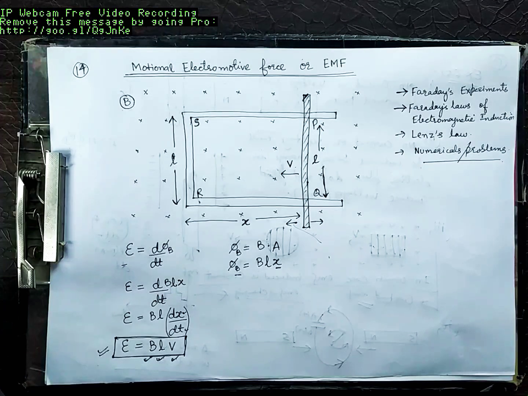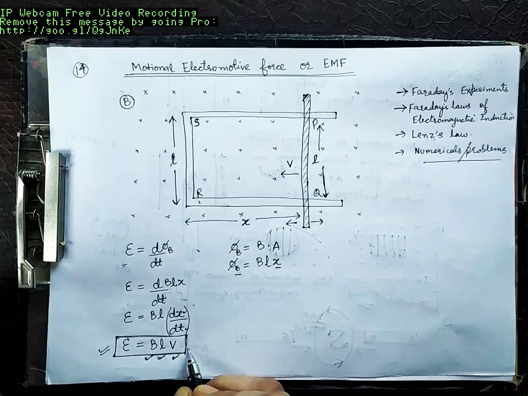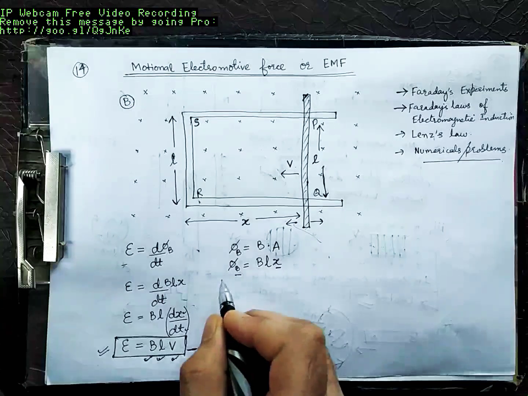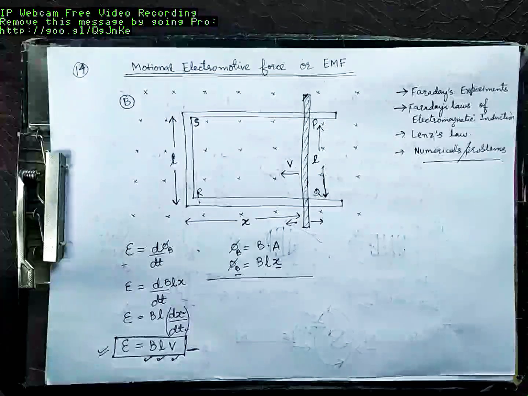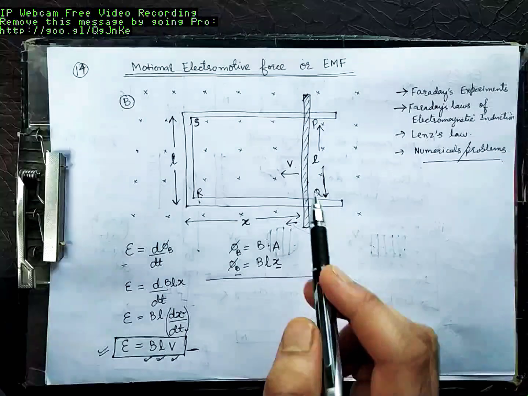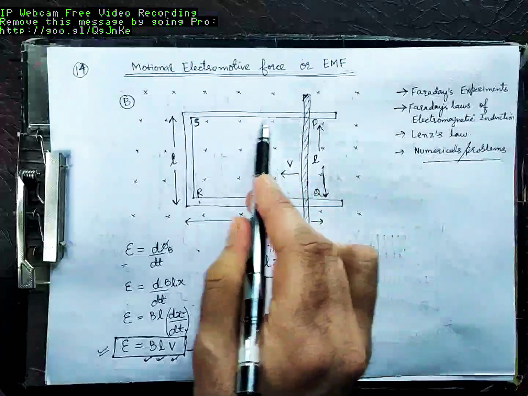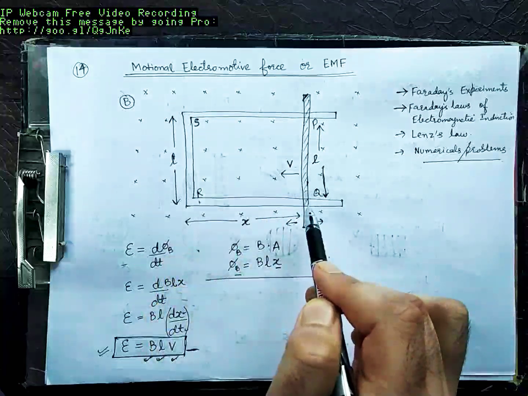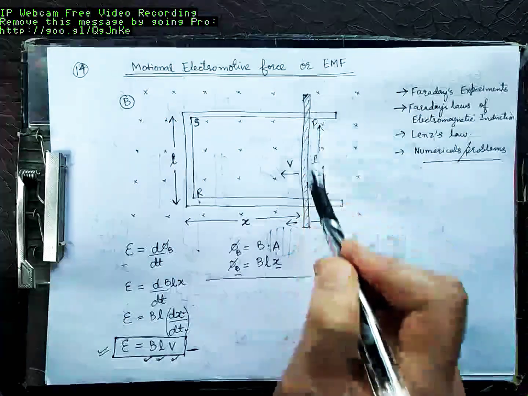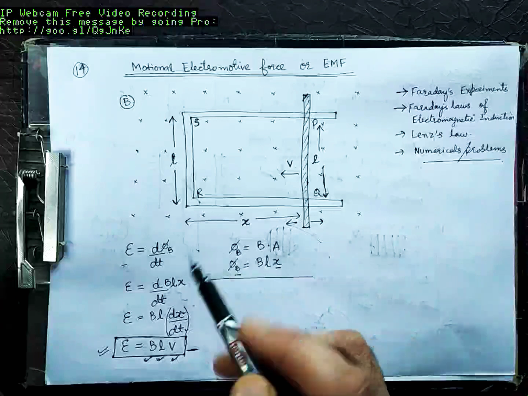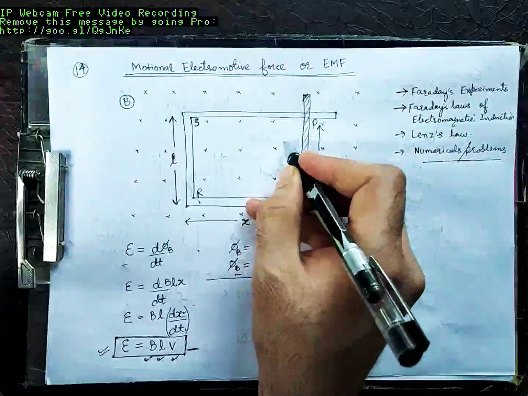Magnitude of current will be directly obtained from the EMF expression. Let us suppose this frame is of negligible resistance and only this conductor PQ has a resistance small r ohms.